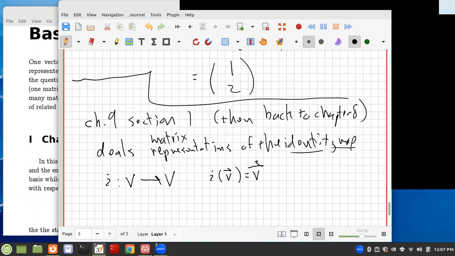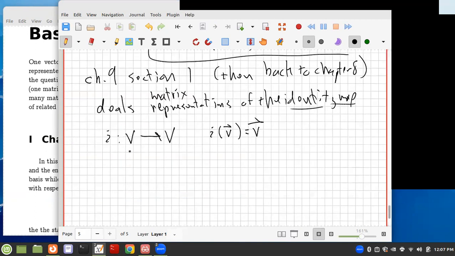Well, that seems really simple, or trivial, right? Because let's say that I had a basis B, just some V1 and V2, and let's say that I also had the same basis B of V1 and V2 for V. So I use the same basis for V each time.